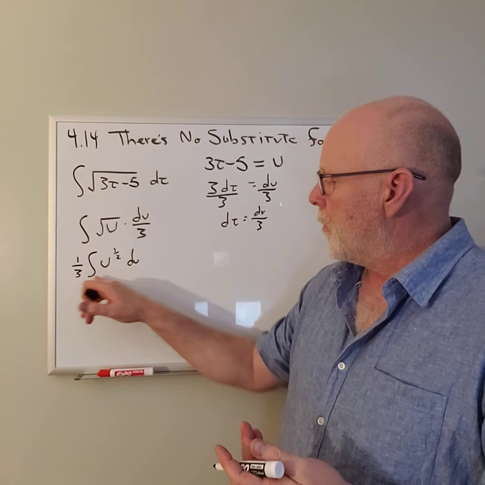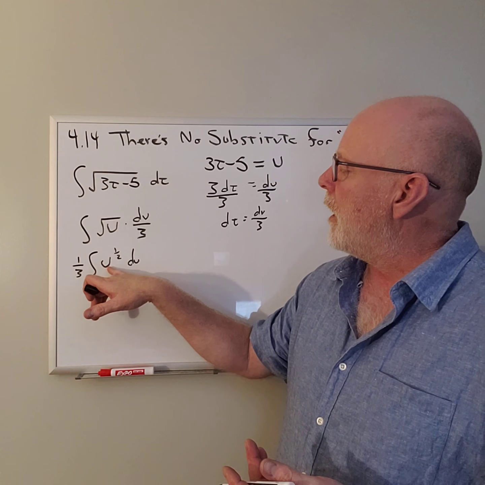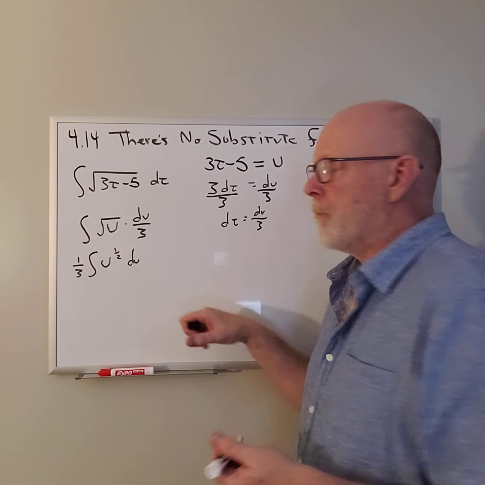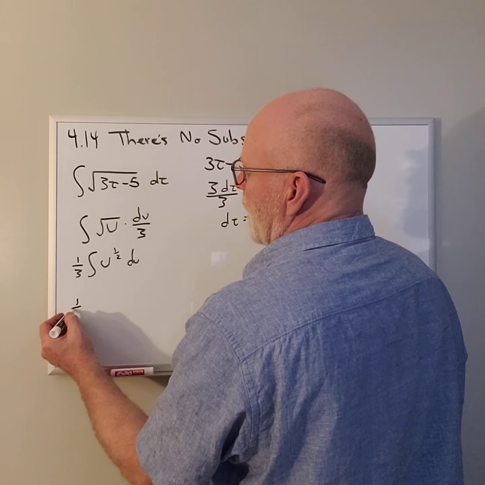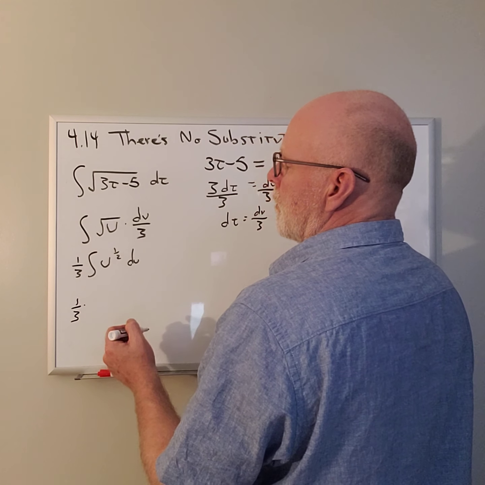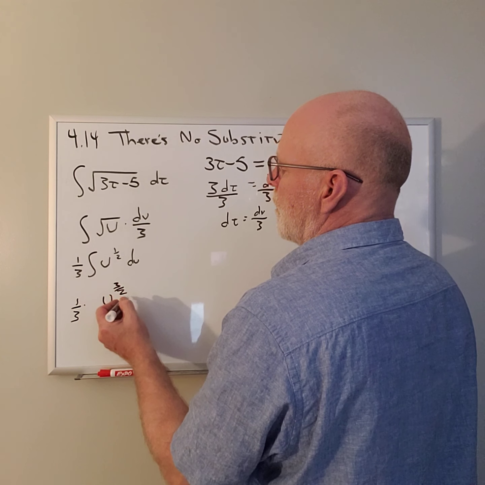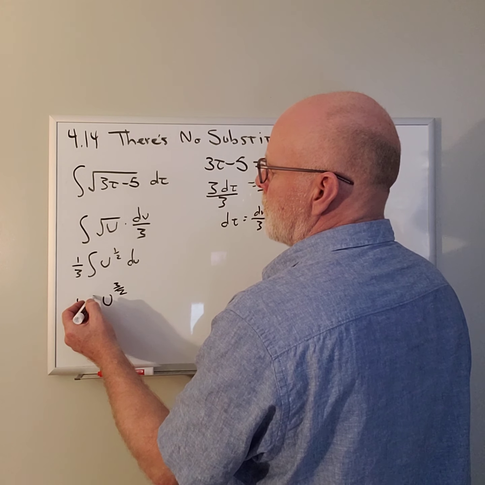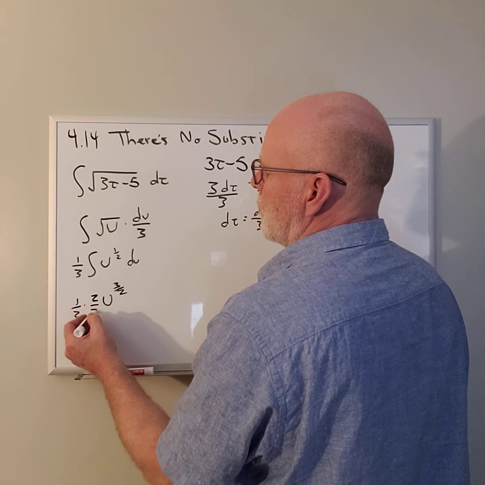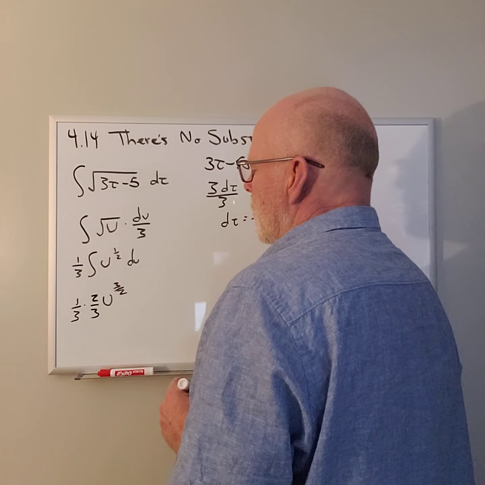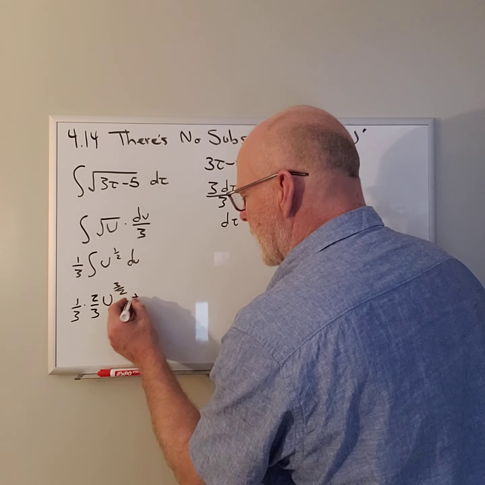That way we don't have to worry about this constant here, and we've got our u to a power. Our integral then is going to be 1/3. Keep the constant out in front. We're going to get u to the 3/2 divided by 3/2, or multiplied by 2/3, plus c.